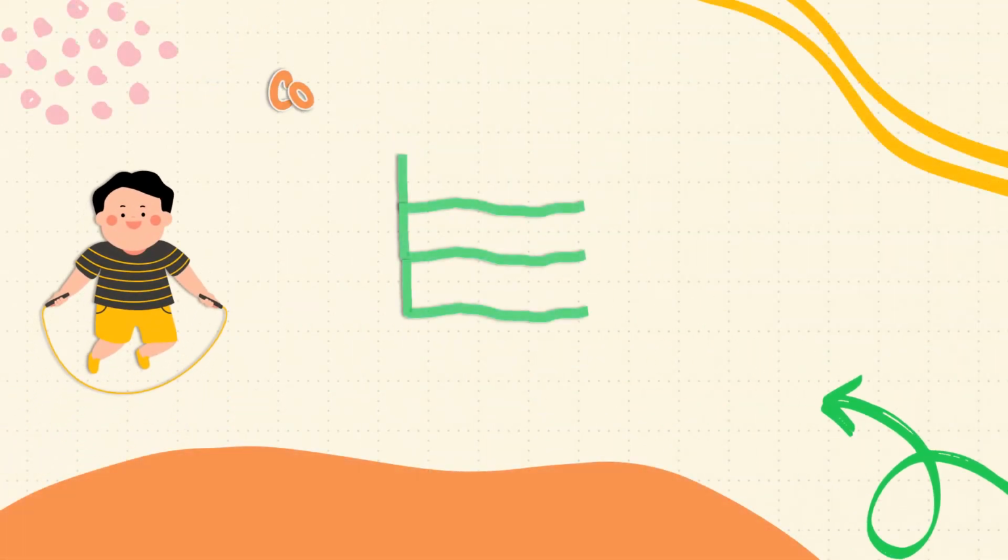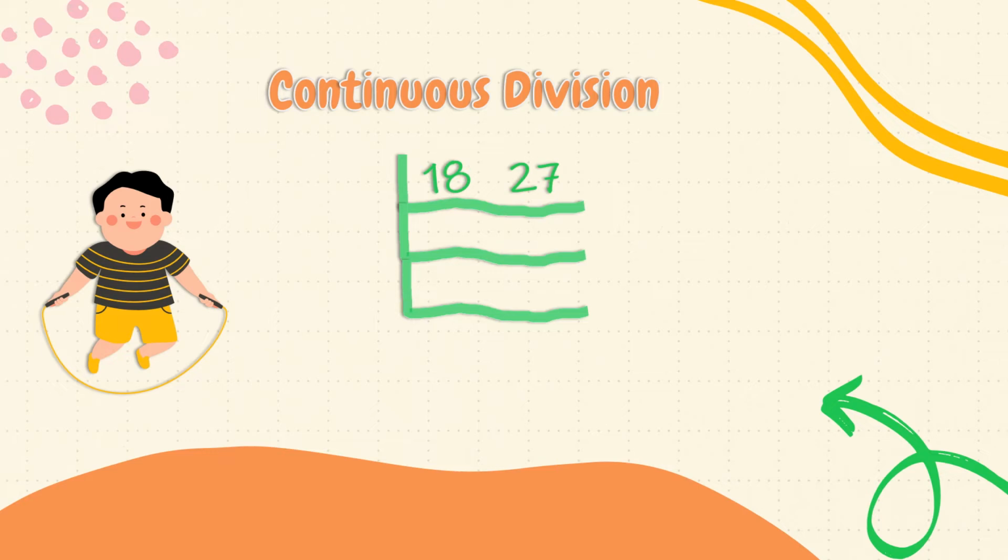So I am going to use continuous division in getting the GCF of 18 and 27. 18 and 27 can be divided by 3. 18 divided by 3 is 6. 27 divided by 3 is 9. 6 and 9 can also be divided by 3. 6 divided by 3 is 2. 9 divided by 3 is 3. 2 and 3 can be divided by 1.